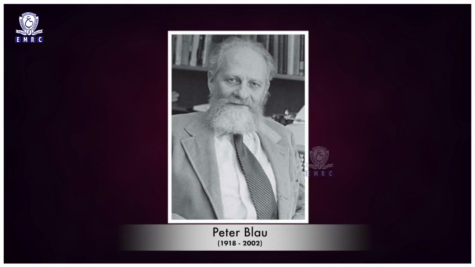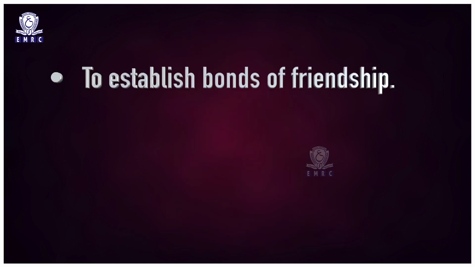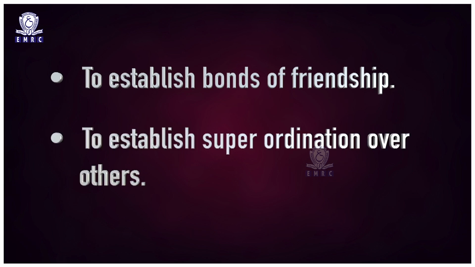Repeated advising interactions can be the foundation of a relationship even when assistance is no longer needed. For the relationship to continue, an equitable exchange of rewards is required. Blau identifies two general functions of social exchanges. Firstly, to establish bonds of friendship, and secondly, to establish superordination over others.